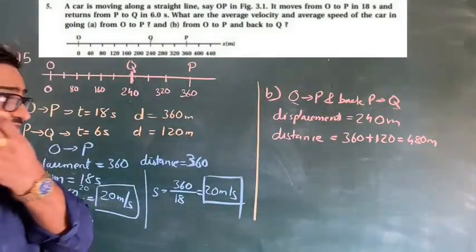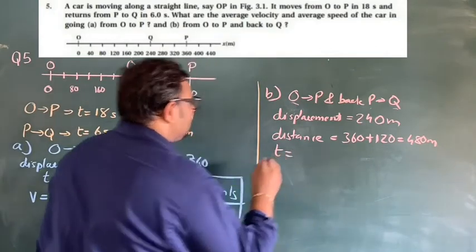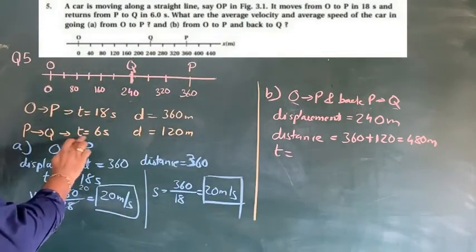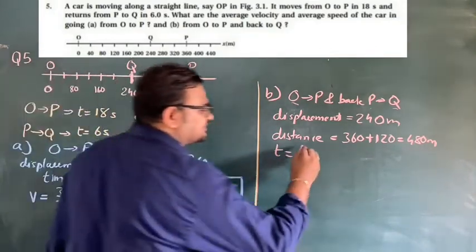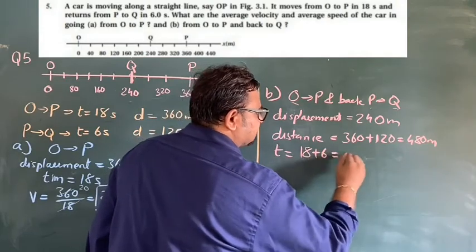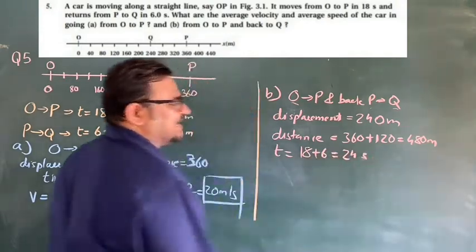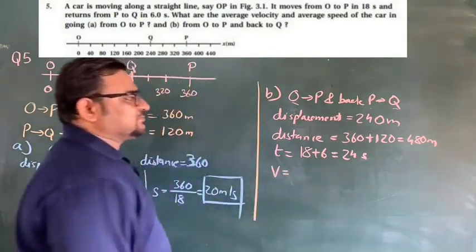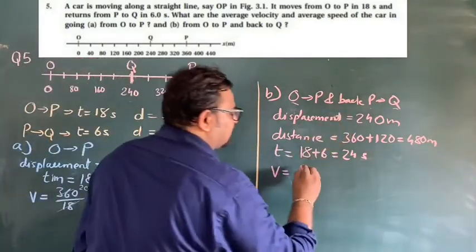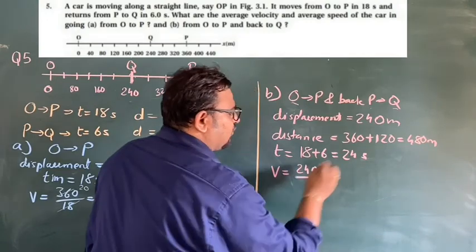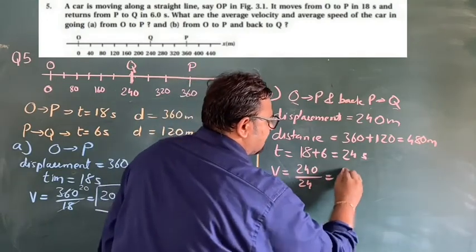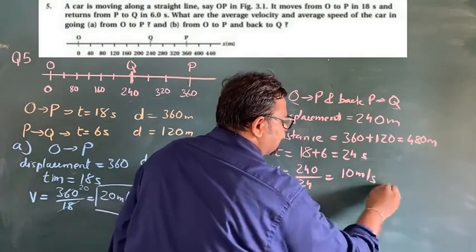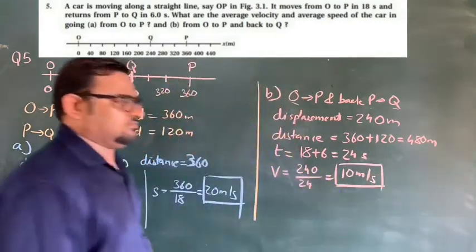And what is the total time? From O to P 18 and P to Q 6. So 18 plus 6 is equal to 24 seconds. So now velocity is displacement by time. So 240 upon time 24, that is equal to 10 meter per second.